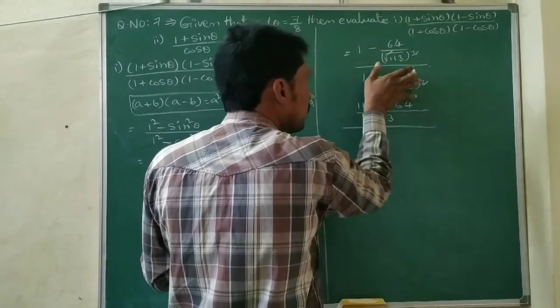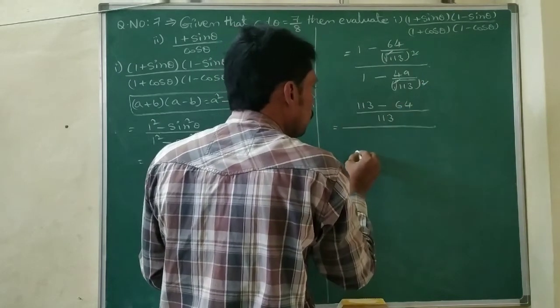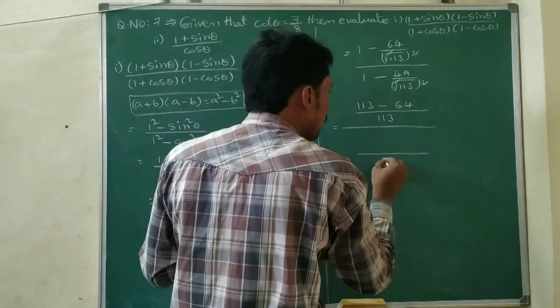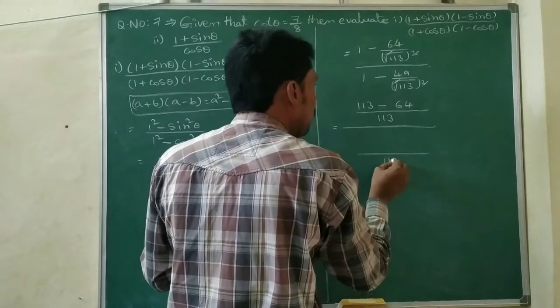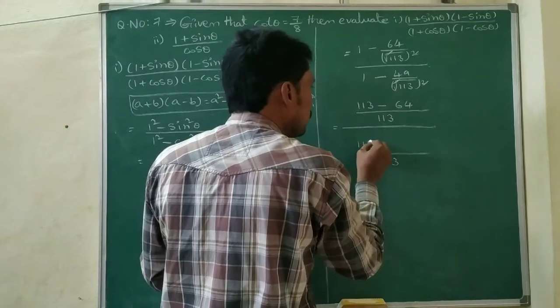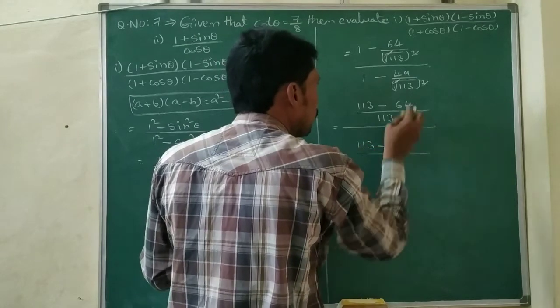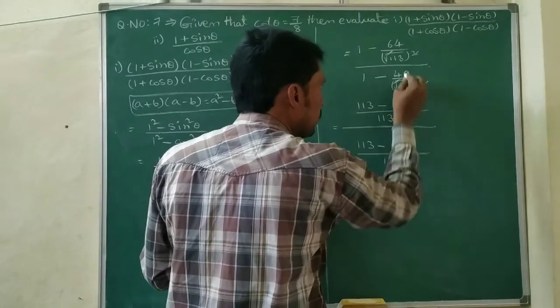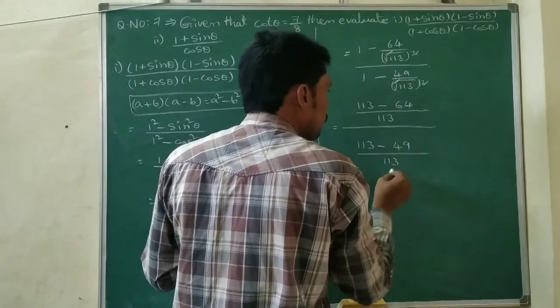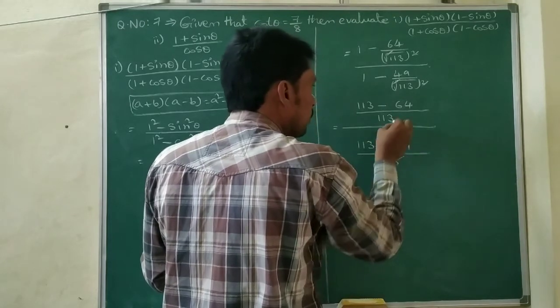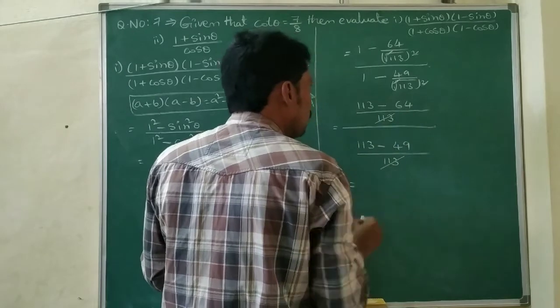Whole by, now denominators I am taking the LCM. So denominator's LCM is 113. So 1 into 113, 113 minus 113 cancel means 49 is remained. So here this and this one get cancelled.